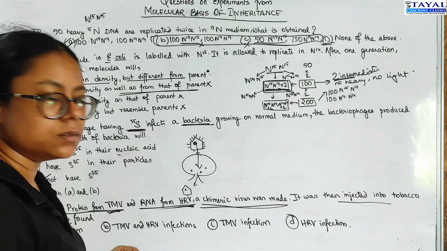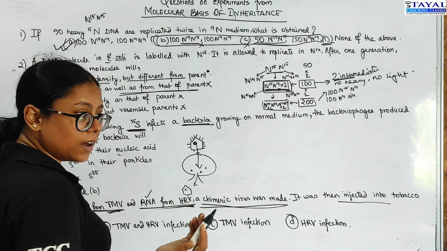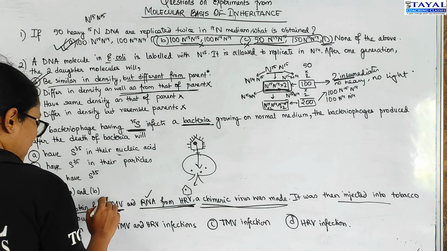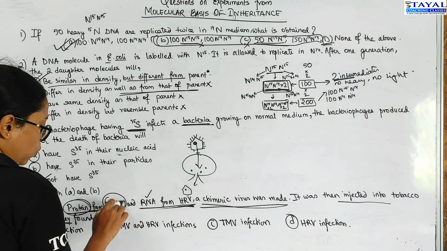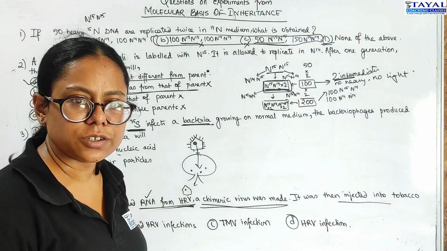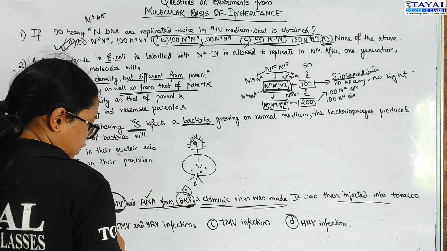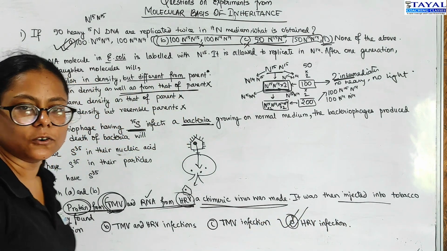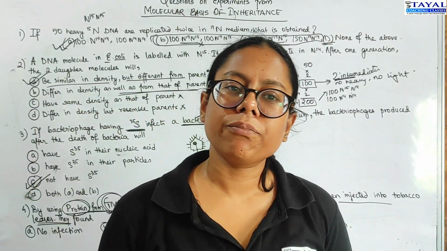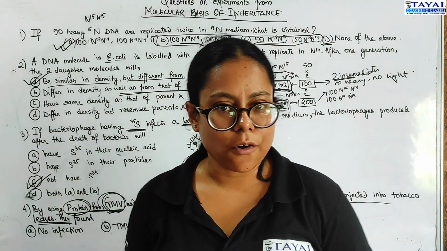What did they find? So now we know that RNA can be inherited because it is a nucleic acid. Protein from TMV cannot be. So no TMV infection should occur in tobacco, but HRV will work. So therefore we will find an HRV infection in the organism and not a TMV infection. So all other options are obviously wrong.